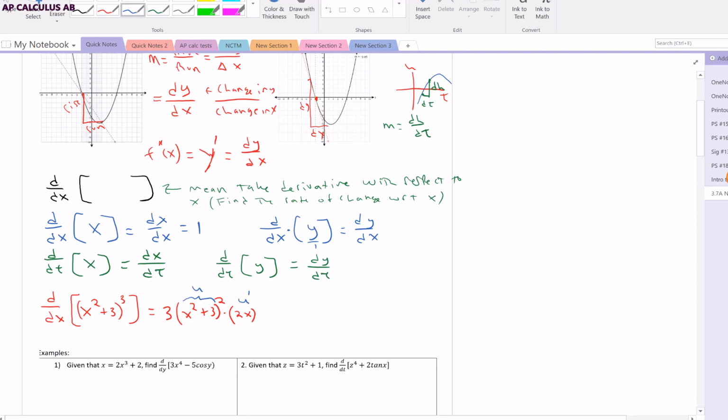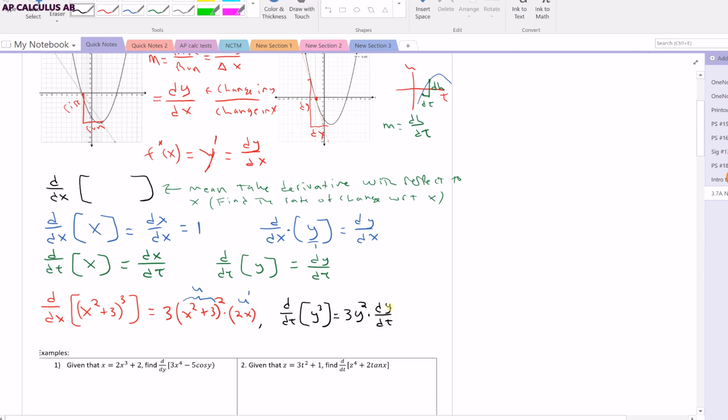Okay, so let's look at another type of these problems. What if I take the derivative with respect to t of y cubed? Well, that's going to be d dt on this y cubed thing, which is going to give me 3y squared times, now the d times y, dy dt.